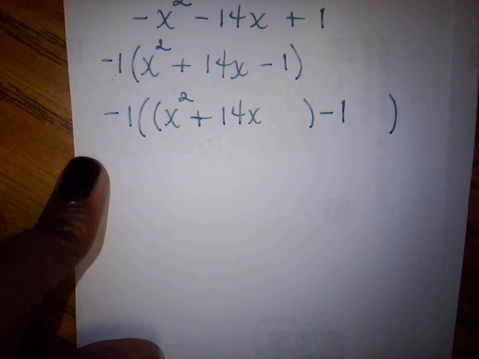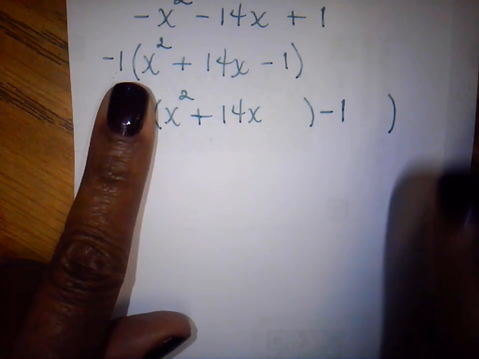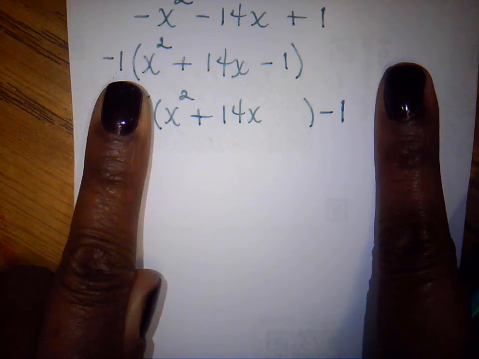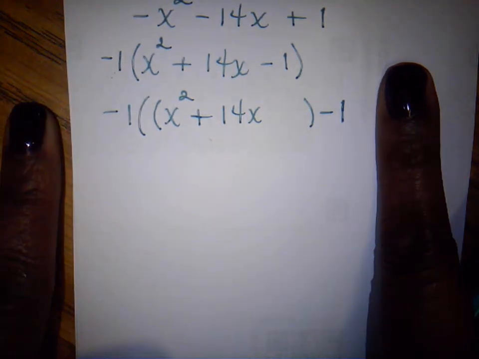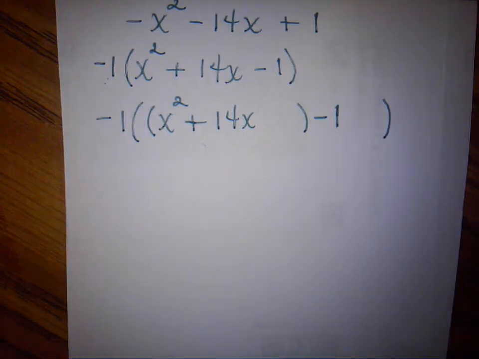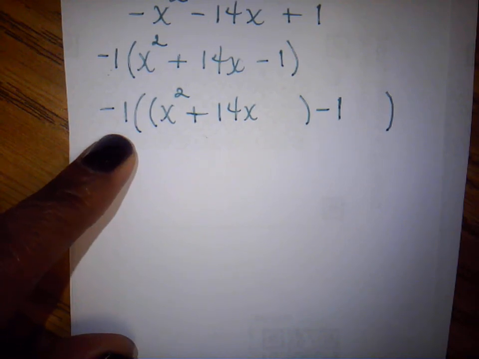You understand what I'm saying? Because if that negative 1 wasn't there, I'd be working out this problem like normal, wouldn't I? So it's like we're putting up a fence. Let me handle business inside the parentheses until I can take care of the negative 1. May we proceed?